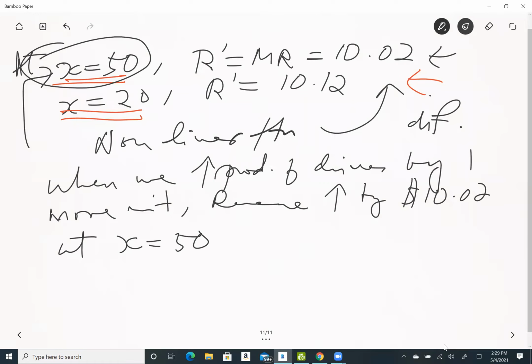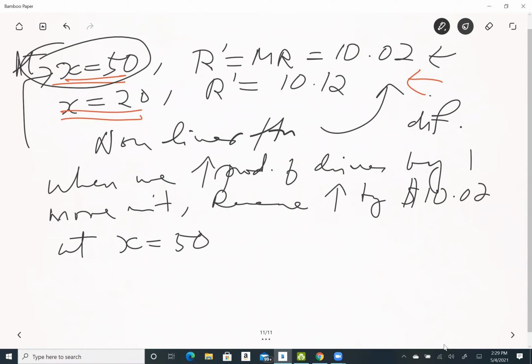Or you can just say when drive increases by 1 more unit, the revenue will increase by $10.02 at X equal to 50.